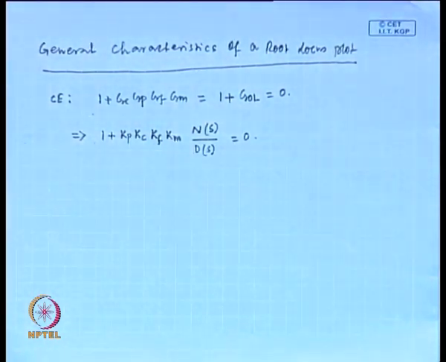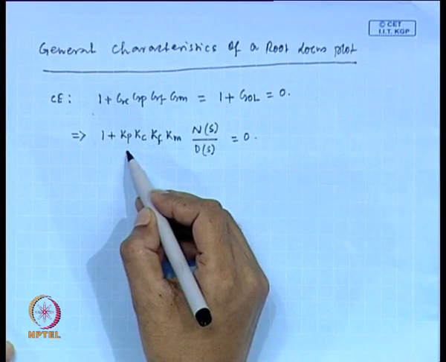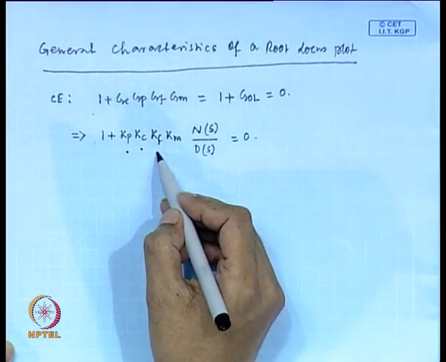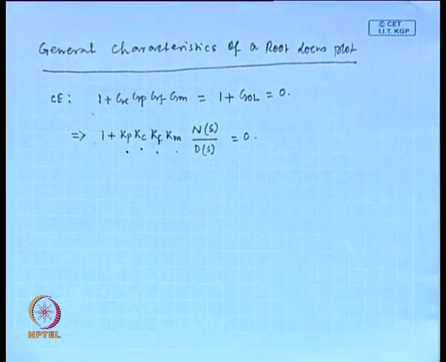We are writing the characteristics equation in this form, where Kp, Kc, Kf, Km are the gain of the process, gain of the controller, gain of the final control element, and gain of the measuring device.